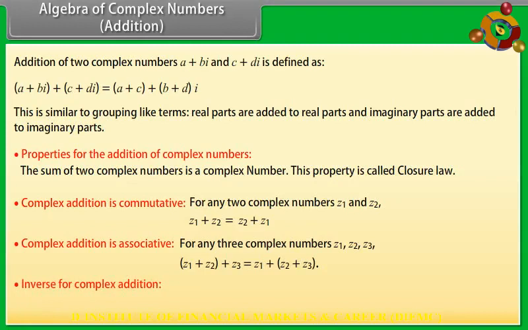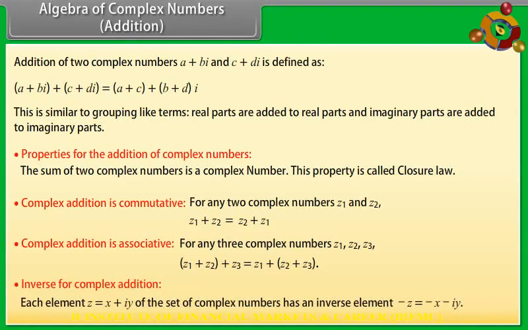Inverse of complex addition. Each element z equal to x plus iota y of the set of complex numbers has an inverse element, minus z, equal to minus x minus iota y.